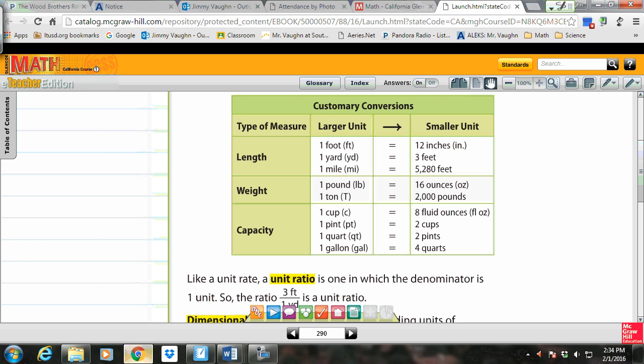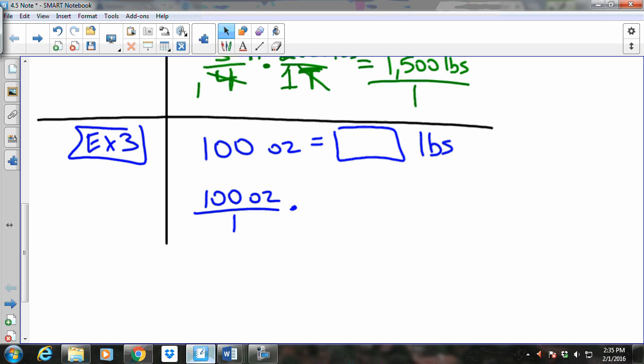So go here, ounces and pounds, right there. So 1 pound equals 16 ounces. We'll write that off to the side. 1 pound equals 16 ounces.